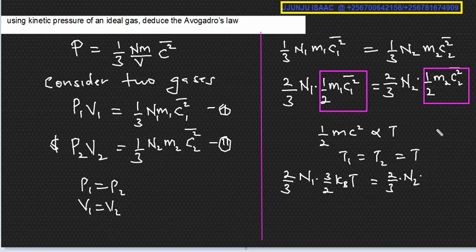Then this one is going to be 3 over 2 kB, the Boltzmann constant, times the temperature. It will be T2 and this will be T1, but since the temperature is the same, we just write T.